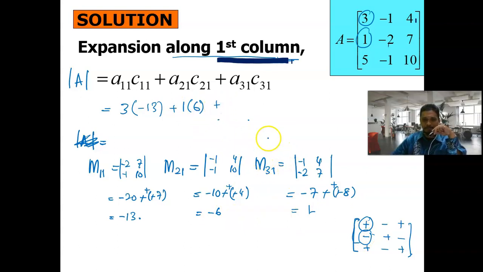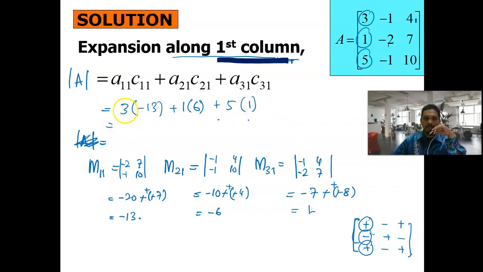And then A31, which is 5, multiplied with, okay, the cofactor of 31. This is the minor. Negative 7 plus 8 equal to 1. So 1, we call the minor of 31 with a sign for 31 here, which is positive. So positive 1 multiplied with 1 equal to 1.